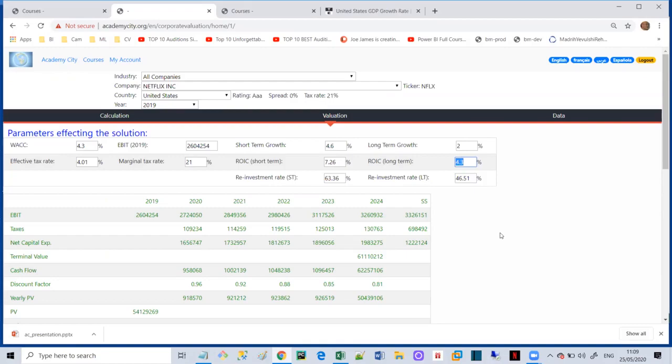Let me help you out. If you can go and borrow from the bank, and the bank will give you a loan, and you have to pay only 4% interest rate, and you assume that you're going to make 5% on average every year forever, what will you do? So it should be higher than our WACC. No, it shouldn't.